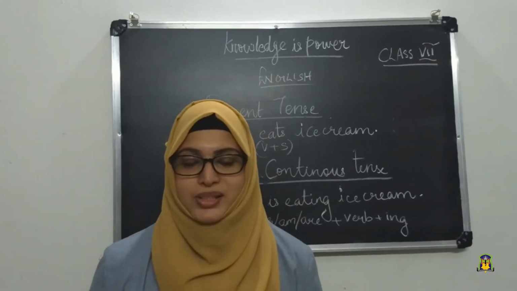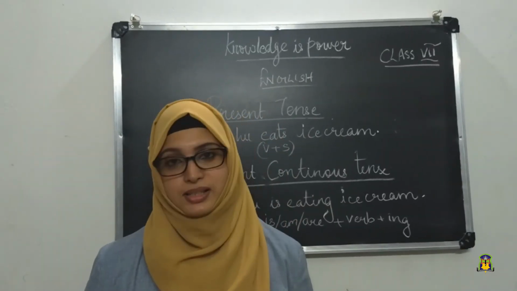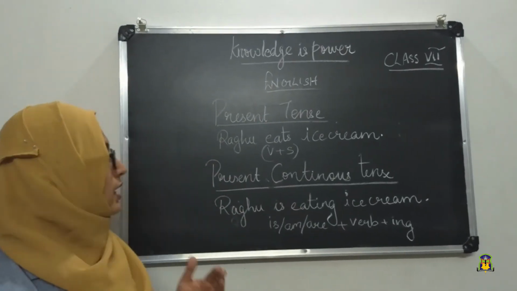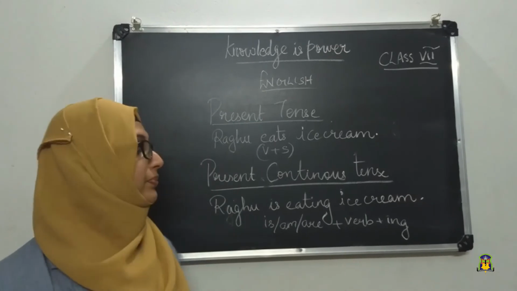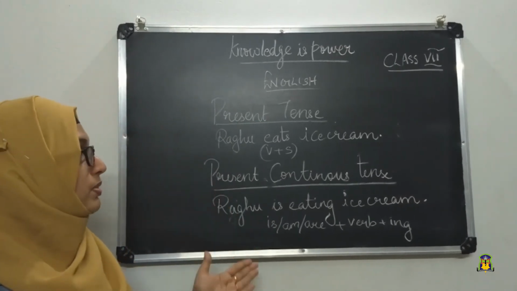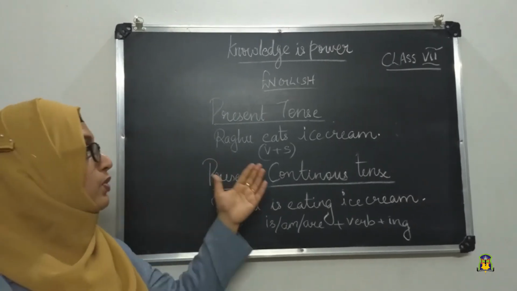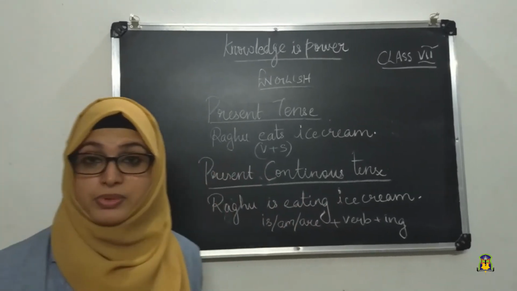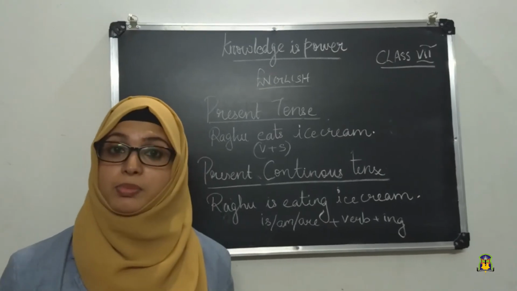Now children, we are going to see simple present tense and present continuous tense. Simple present tense construction: subject plus verb plus s form. If the subject is singular, we will add the verb plus s form.